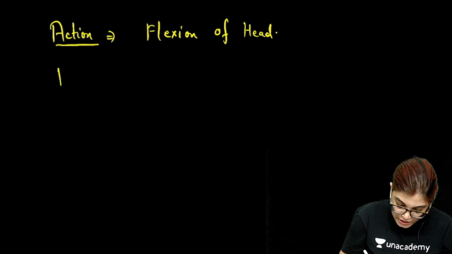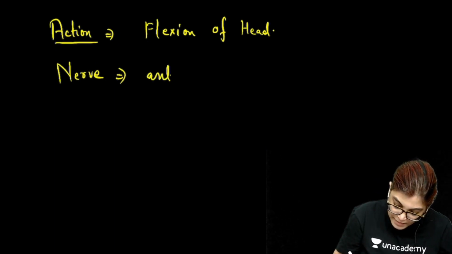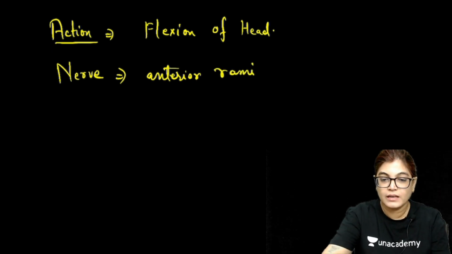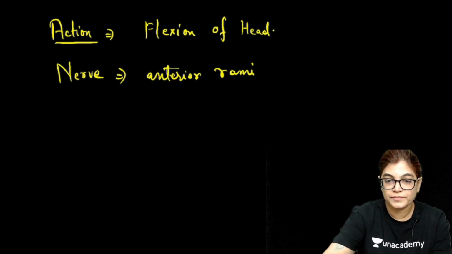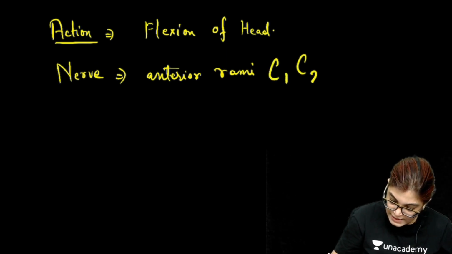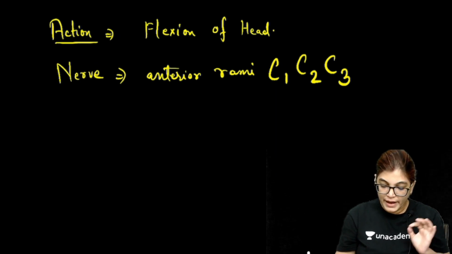And if we talk about the nerve supply, it is by the anterior rami or ventral rami of C1, C2 and C3 cervical nerves. So yes, we have finished with this.